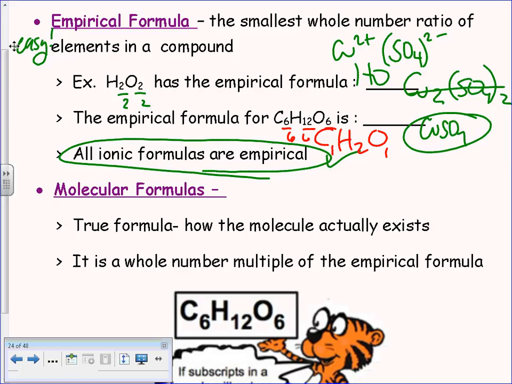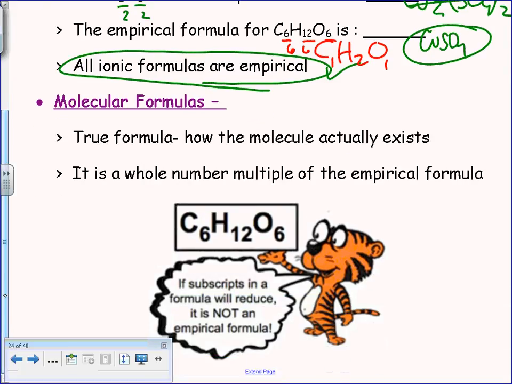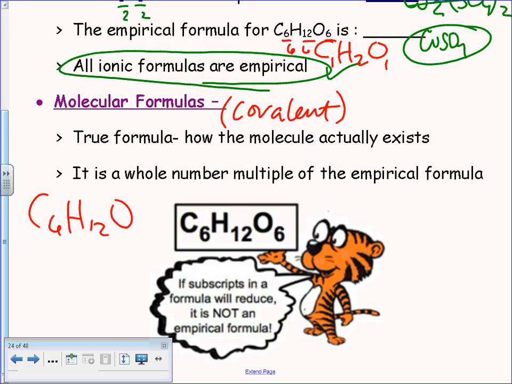So empirical formulas are something we're already familiar with. It's just the simplest ratio of the subscripts. Now, molecular formulas: if I'm talking about a molecule, is that covalently bound or ionically bound? Covalent, right. Molecules are covalent. So if I had a covalently bound structure, that actually is a ton of carbons, a ton of hydrogens, a ton of oxygens, for glucose again. This is the molecule.